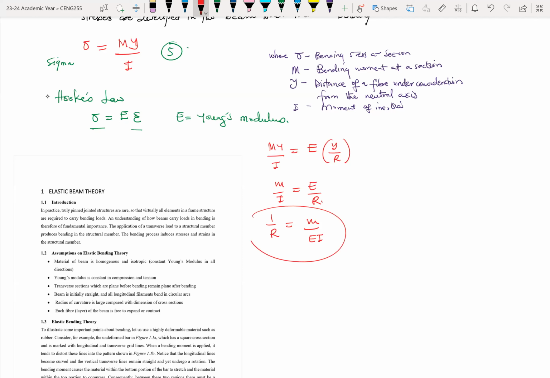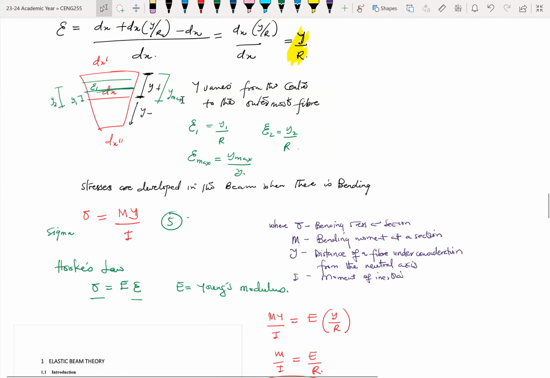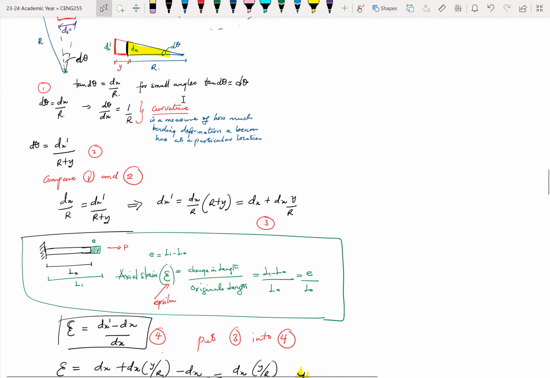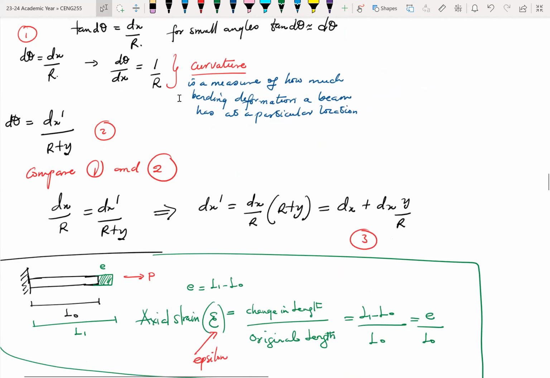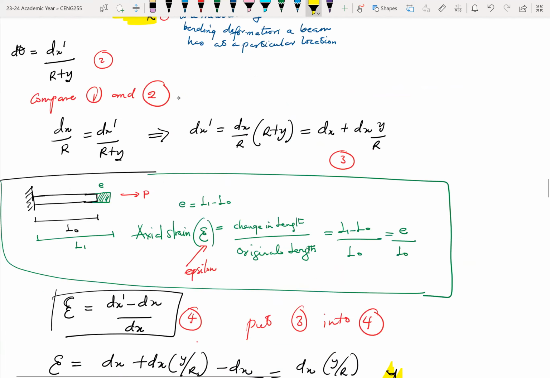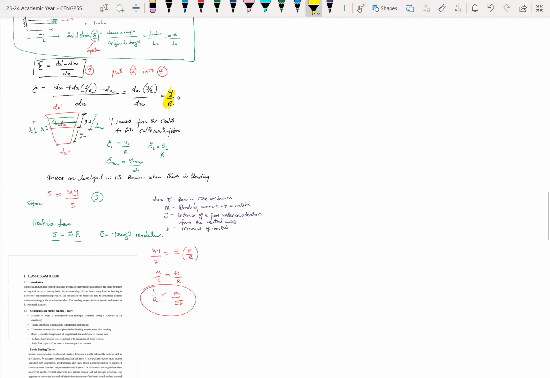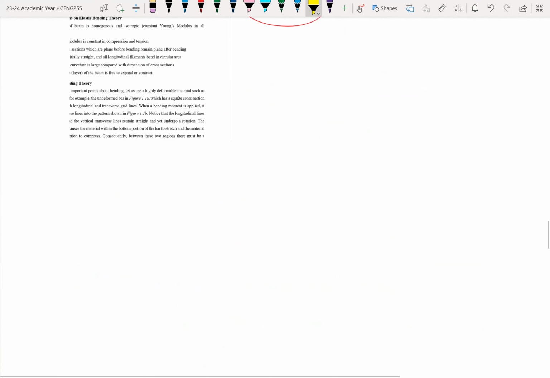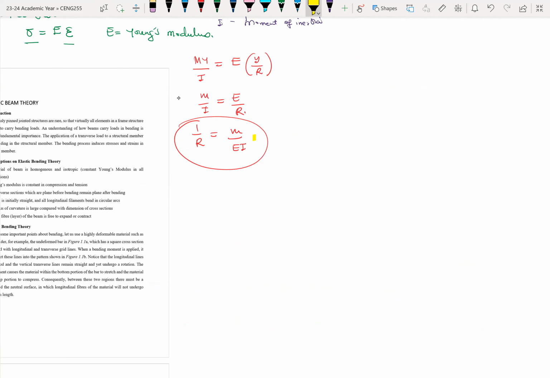And this 1 over R, which is equal to M over EI, we have already defined up there. We mentioned that theta over dx is equal to 1 over R. So I can come back here, and then this is equal to theta over dx.